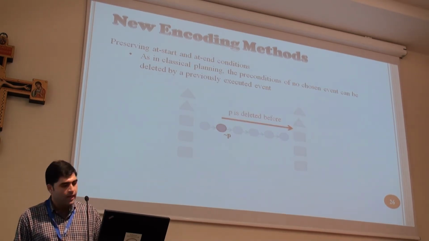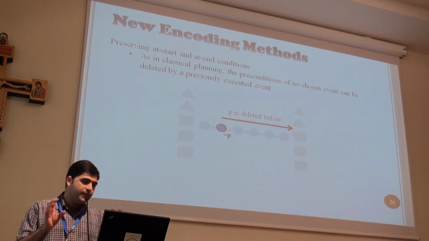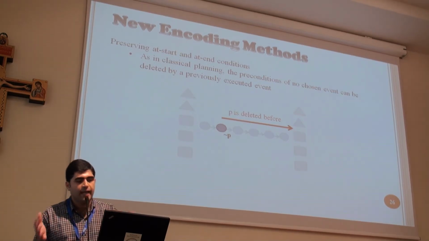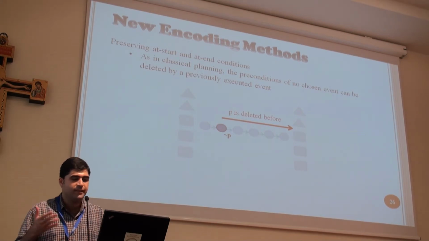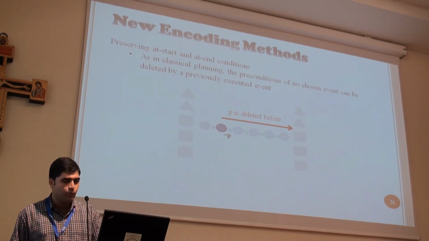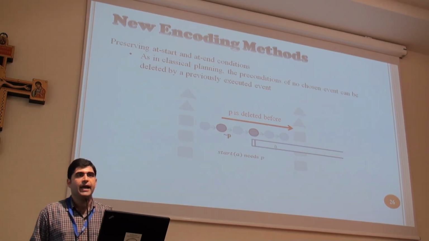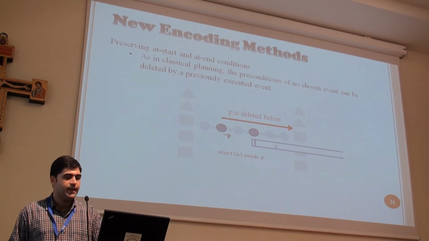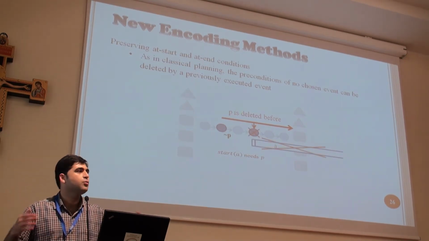It's not completely like that, but they are basically the same thing. We send the message forward, and if an action that needs P, an event that needs P, receives this message, it knows that it cannot be true in the final model.